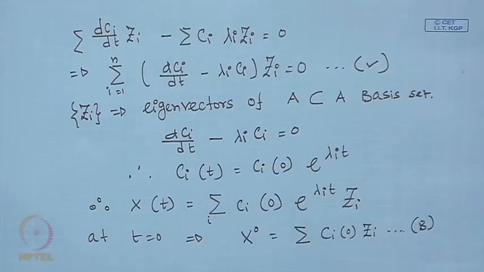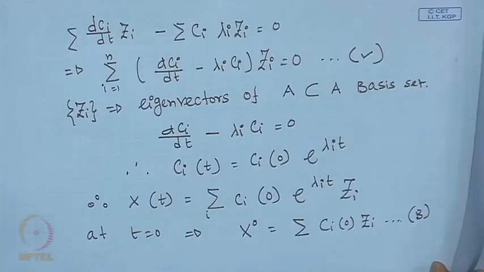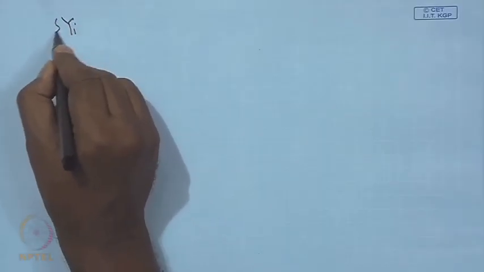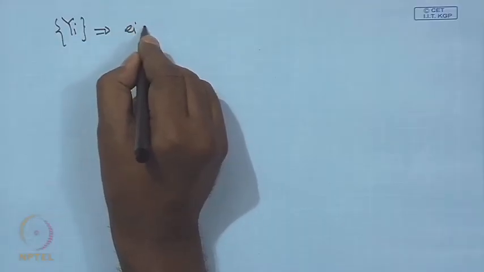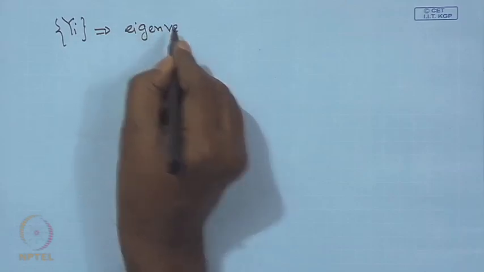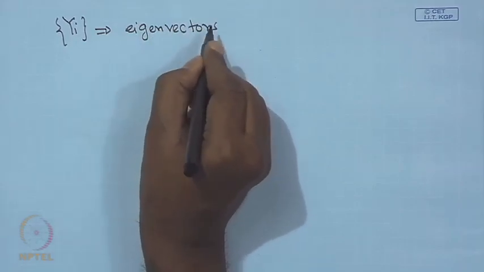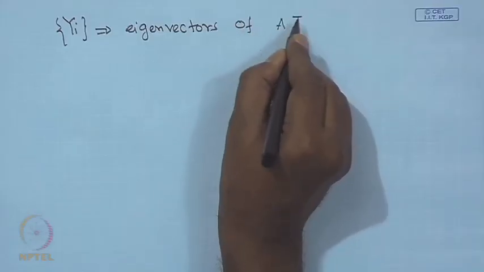Now, let us consider that y_i are the eigenvectors of A transpose. So, these are all talking about the eigenvectors of A. Now, let us say y_i forms a set of eigenvectors of the matrix A transpose.